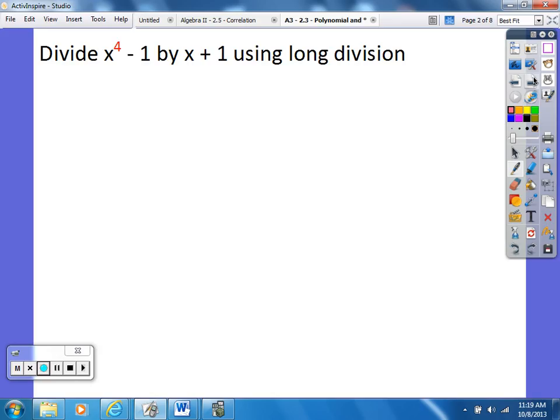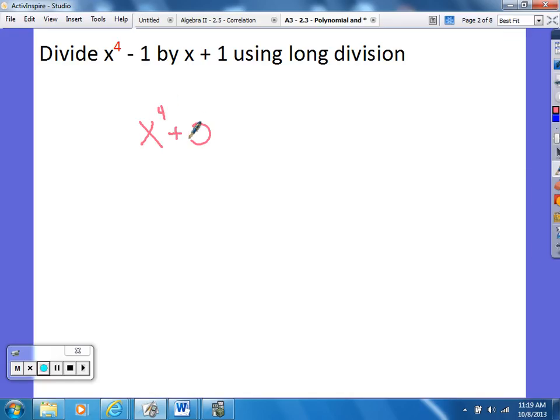So the way I'm going to write this to divide it is I'm going to start with the x to the 4th, but then I'm actually going to fill in a 0x cubed, a 0x squared, a 0x, and then I'll write the minus 1. I want to fill in all of those place values. That way, whenever I'm doing the division, I know what to bring down. I know that there's a 0x squared in here to bring down if I need it.